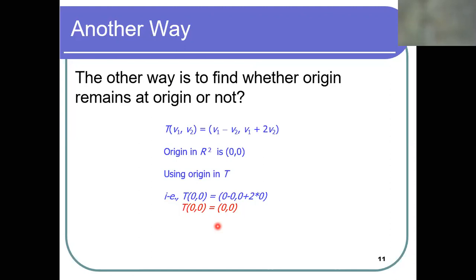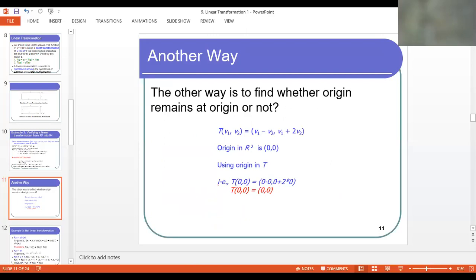So, dear student, when I say linear transformation, I mean that zero is mapped onto zero, zero is preserved, and lines remain lines.